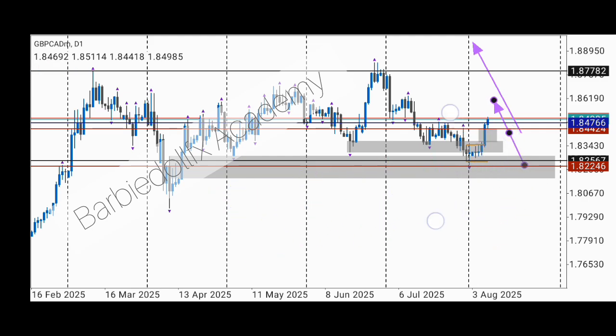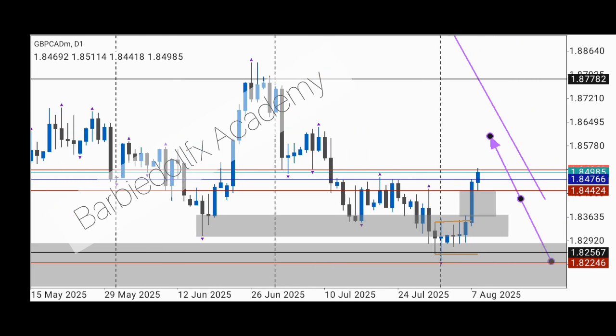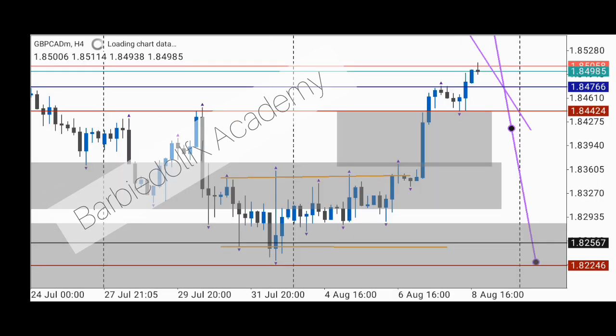So that's number one. The second aspect, for you to get a clear entry: if you understand this higher time frame context, it will be easier for you to go down to a lower time frame, like this 4-hour time frame. You see what price did on this 4-hour time frame.